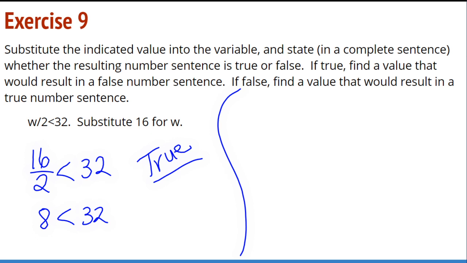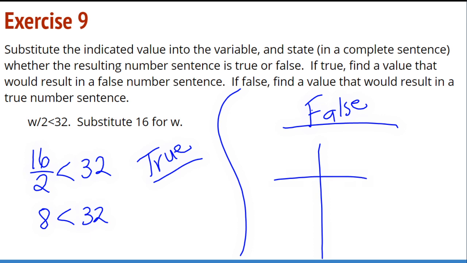Now I need a situation where it will be false. So I'll have w divided by 2. So I need a number that when I divide it by 2, it's going to be bigger than 32.